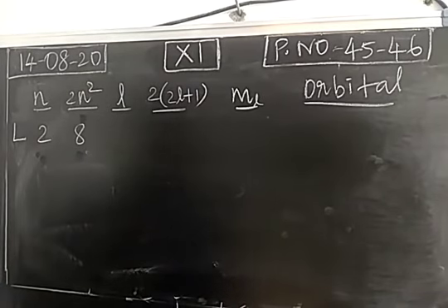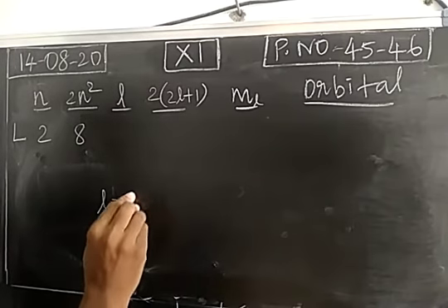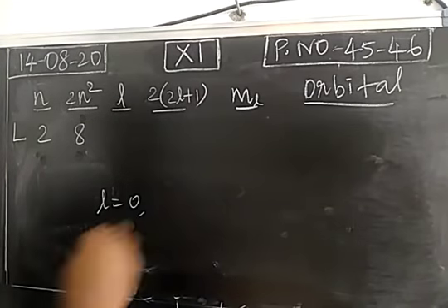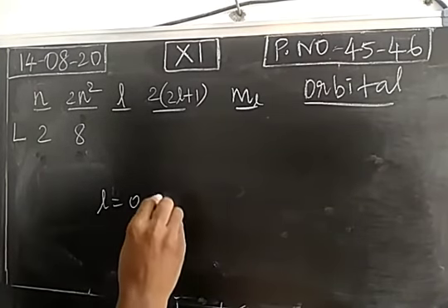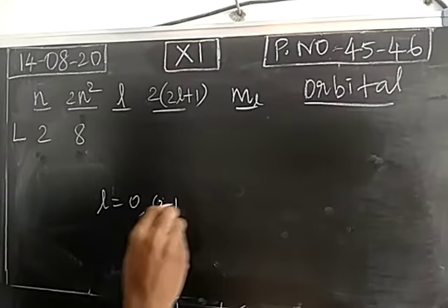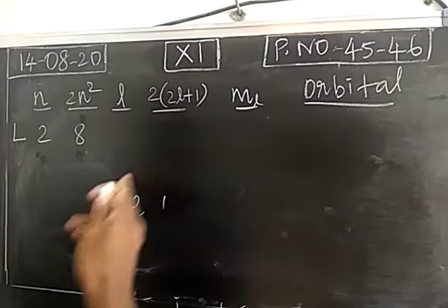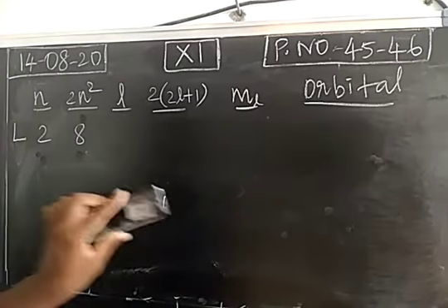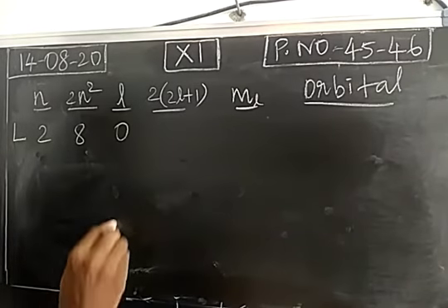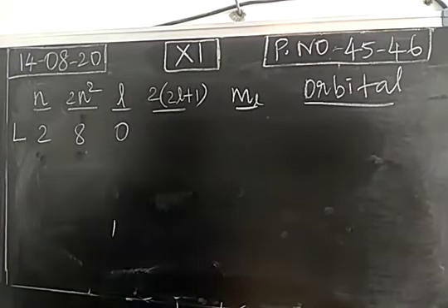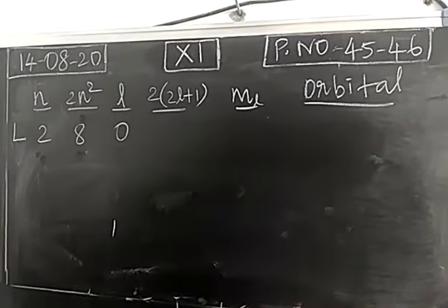So what are the possible azimuthal quantum numbers? It starts with 0 and ends with n minus 1. So n minus 1 means 2 minus 1. The value will be 1. So the possible azimuthal quantum numbers are 0 and 1. These two are possible.